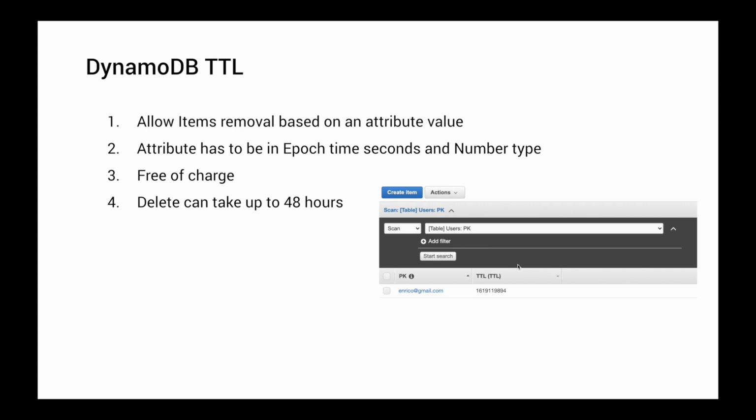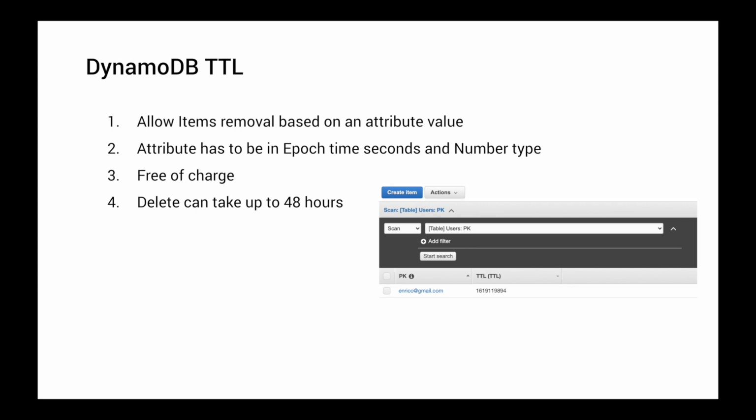Before doing that though, what I want to show you is that once you have a deleted item, maybe you want to store the stale data somewhere, or you want to take some actions based on the deletion of the item. You can do that using DynamoDB streams.